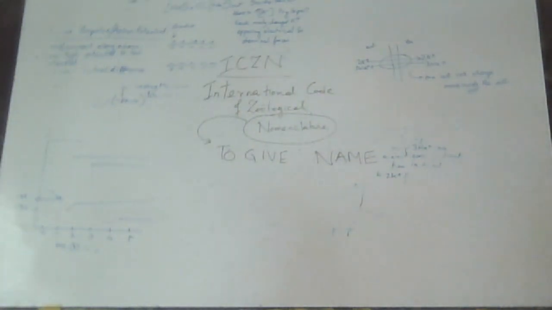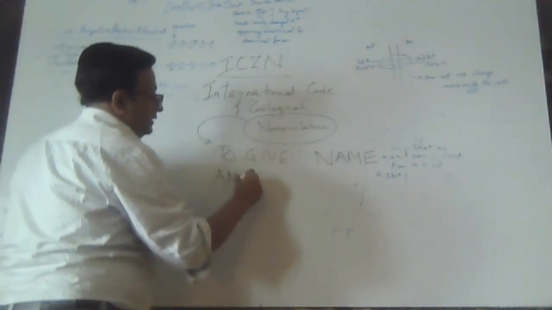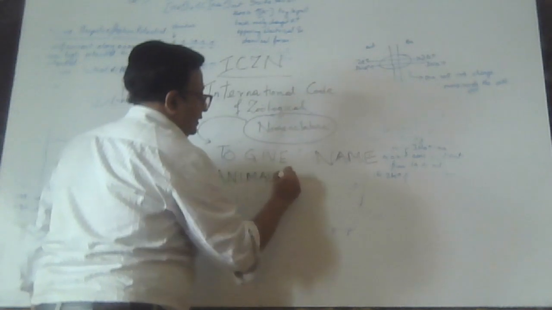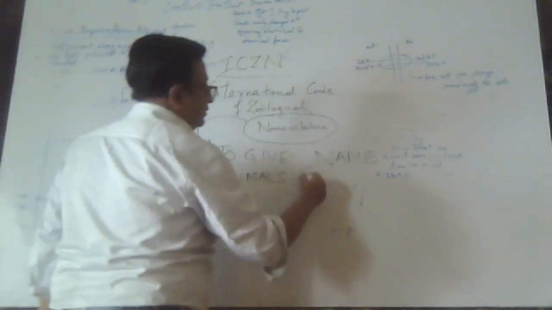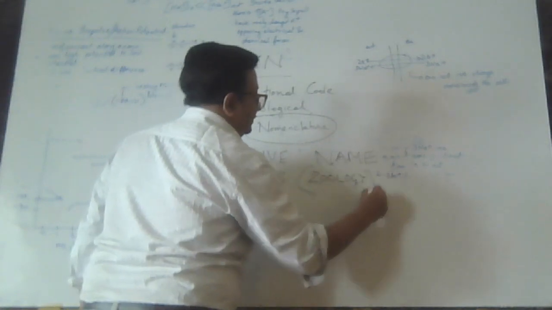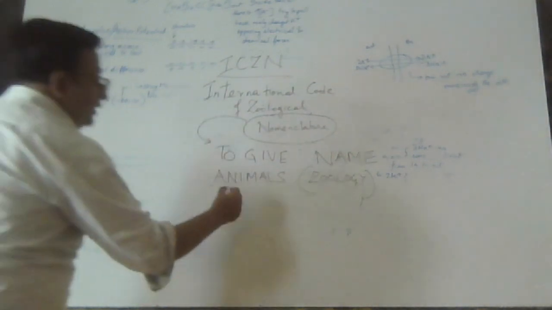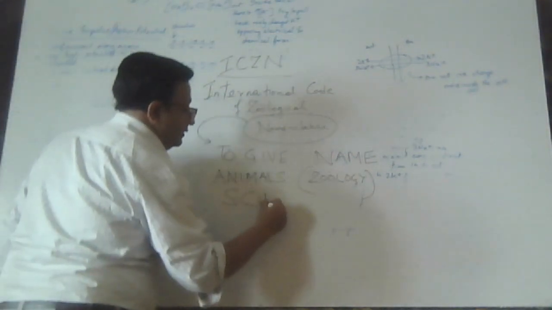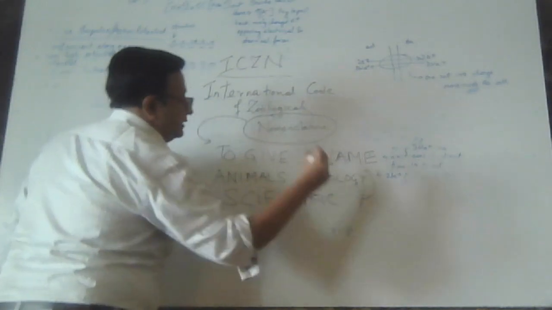So you try to give names to animals. Since we are talking about zoology, what type of names do you give? You give scientific names.